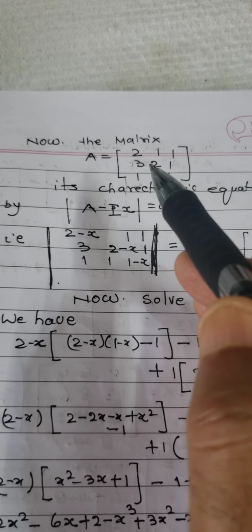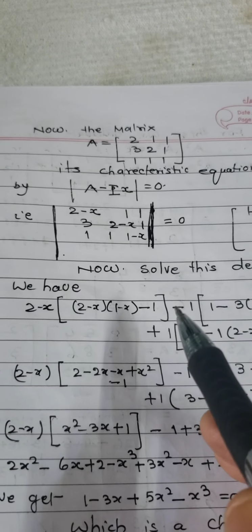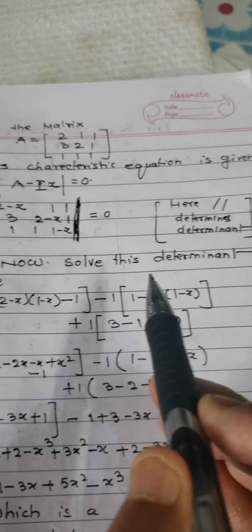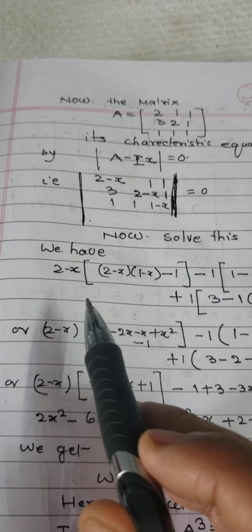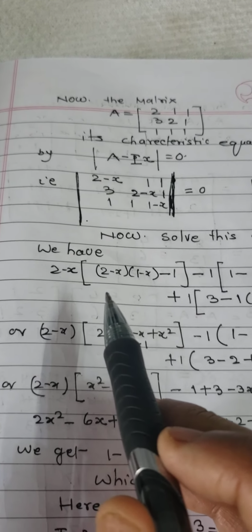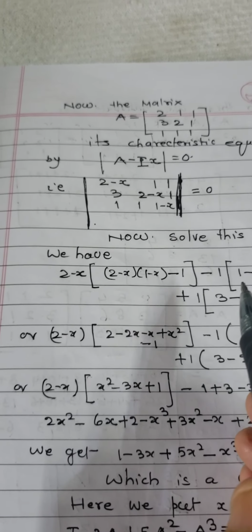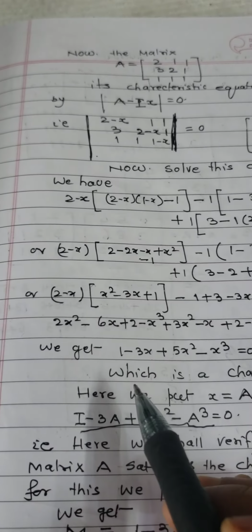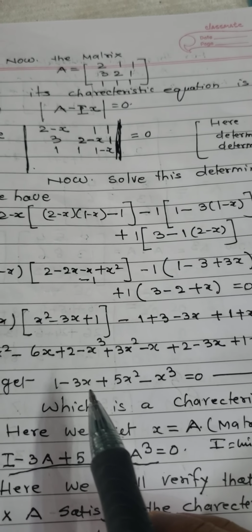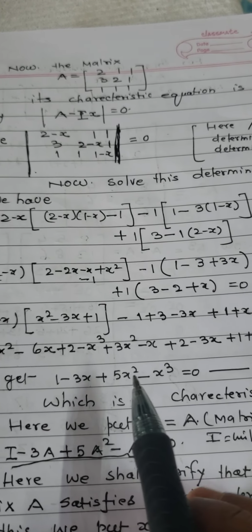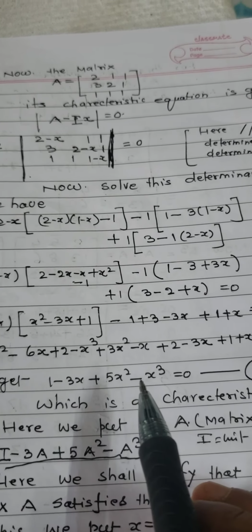Now solve this determinant simply. You already know how to solve this determinant, and you get a cubic equation: 1 minus 3x plus 5x square minus x cube is equal to 0.